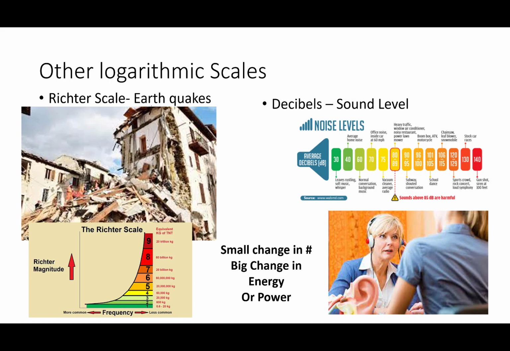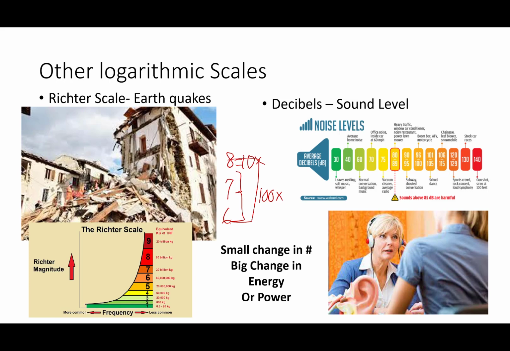The Richter scale is used for earthquakes. If you have an earthquake of an 8 versus an earthquake on the Richter scale that is a 7, that means that the Richter scale earthquake of an 8 is 10 times more powerful than the earthquake at a 7. Or the earthquake at an 8 happens to be 100 times more powerful than an earthquake at a 6.